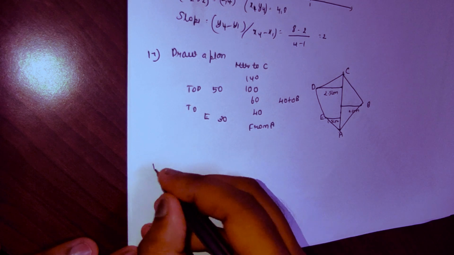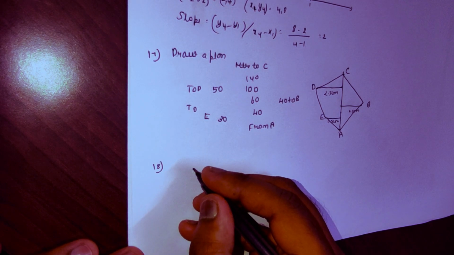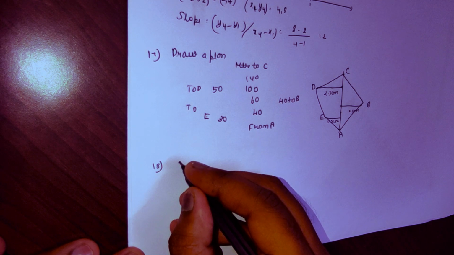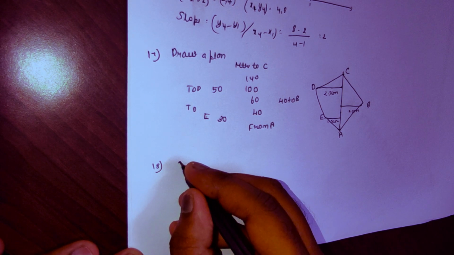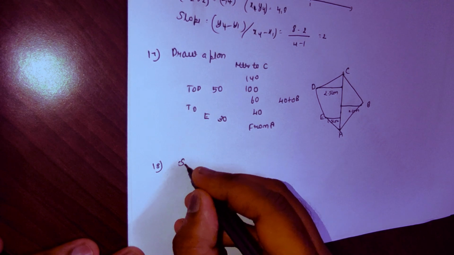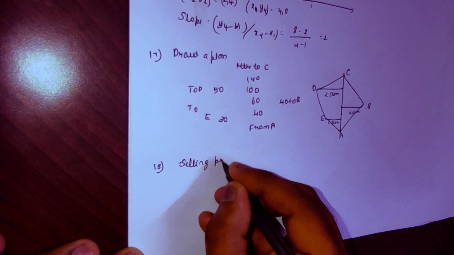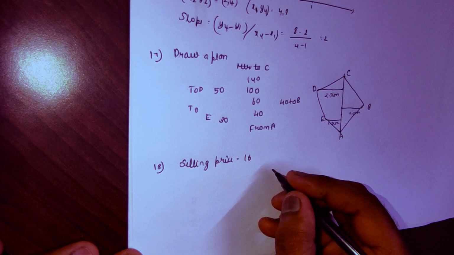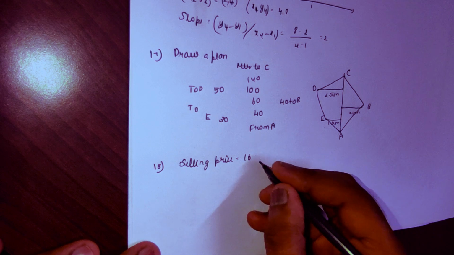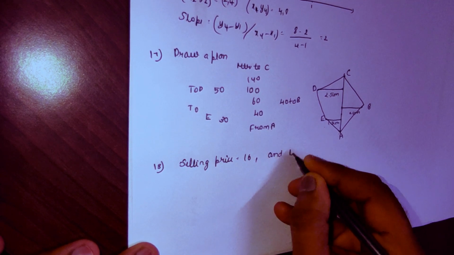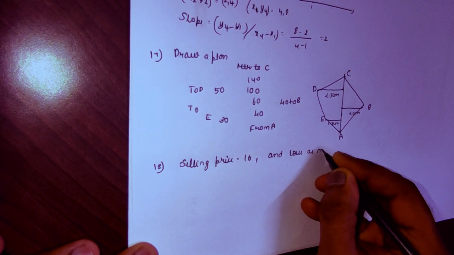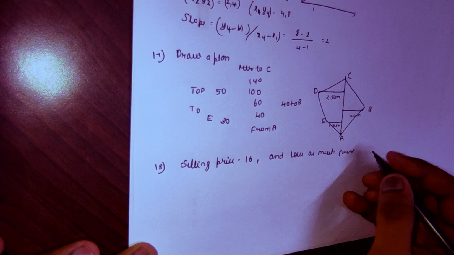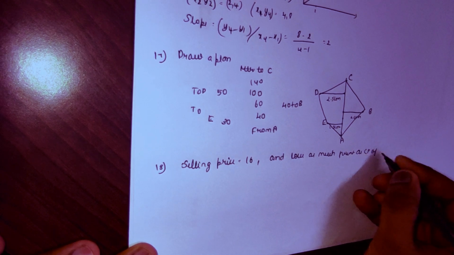We'll go into the 18th question. A dealer sells an article for rupees 16. Selling price is given, that is 16. And loses as much percent as the cost price of the article.